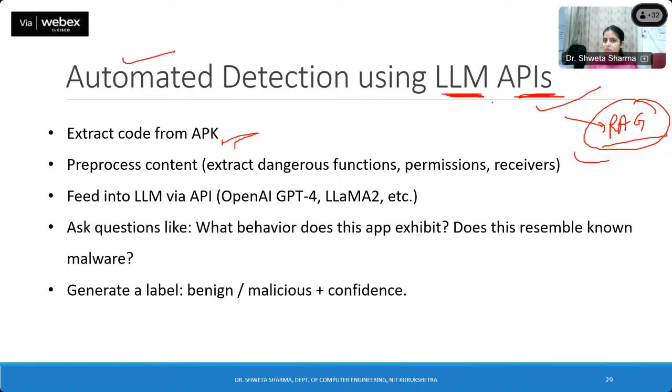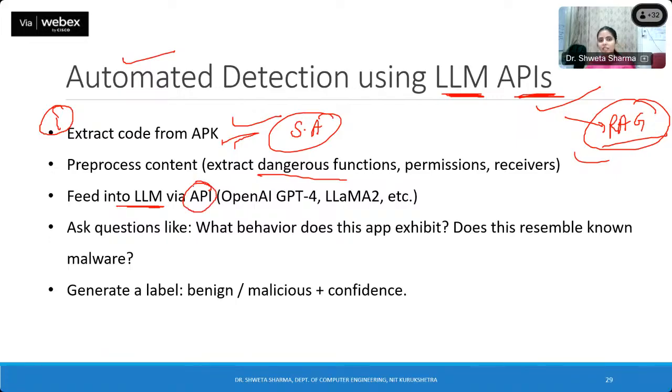In this session, I'm focusing on APIs. So first thing is we need to extract the code from the APK. We already did that using static analysis, that is reverse engineering. Then obviously there are some dangerous permissions, functions, other lines of code. We will feed them into the LLM by using any API.